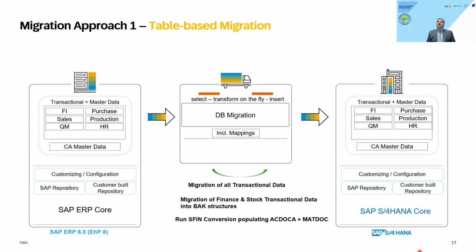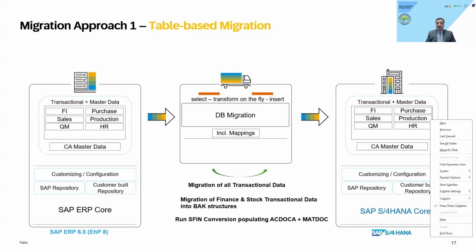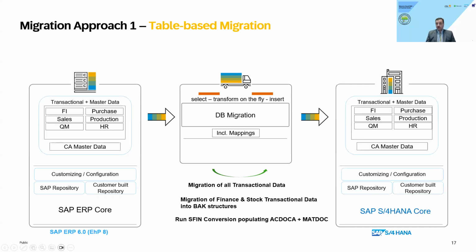The table-based approach is very flexible because you can get to granularity at table level and define what you want to migrate. It has very good throughput, so the performance you can get with this technology is very high. On the other side, during the migration, you need to consider data model changes so that the data lands in the correct format in the target system.